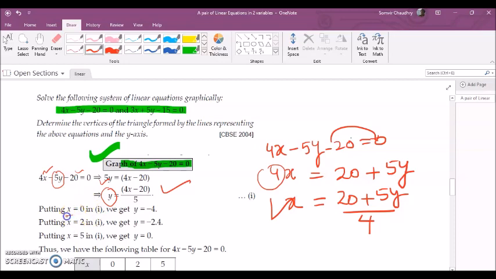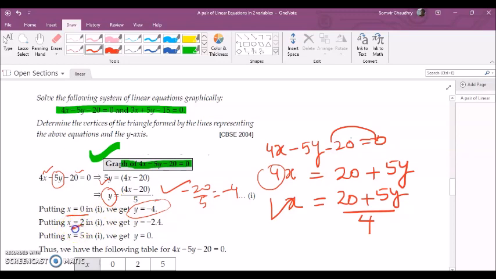For example, we put x is equal to 0 here. 4 into 0 is 0, 0 minus 20 is minus 20, minus 20 divided by 5, you will get minus 4. So this is the value of y. For each value of x, there exists a value of y, right?